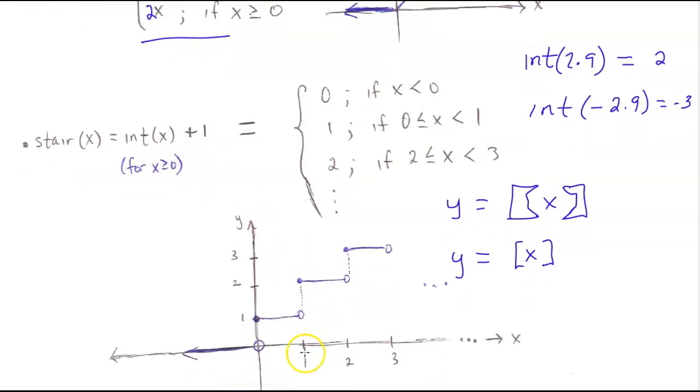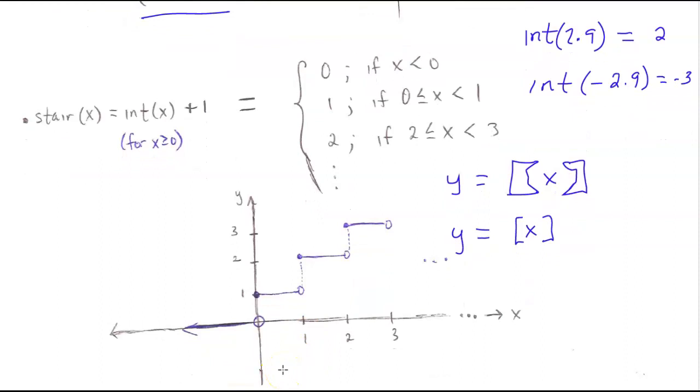That's because with your basic integer function, in between 0 and 1, your function looks like this, and then at 1 it looks like this, and then at 2 it looks like this, so on and so forth. To get this part here from being down at y equals 0 to y equals 1, I would have to vertically shift it up 1 unit, and hence why I'm saying the stair function is really just the integer function plus 1.